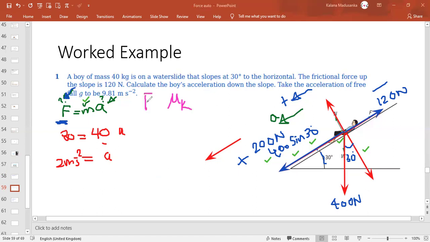So F is equal to mu k R. Now what is the R value? R is the contact force, or reaction force, or perpendicular force, or normal force. This R is equal to this component, not 400. Now it is equal to 400 cos 30. I have to take the value now.